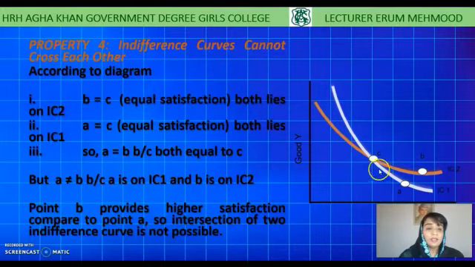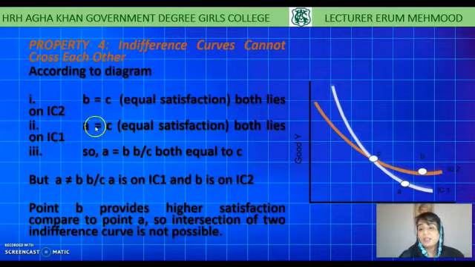The levels of satisfaction at B and C are both equal because both lie on the same indifference curve. Similarly, the levels of satisfaction at points A and C are equal because both lie on indifference curve 1. These 2 points are equal to point C.